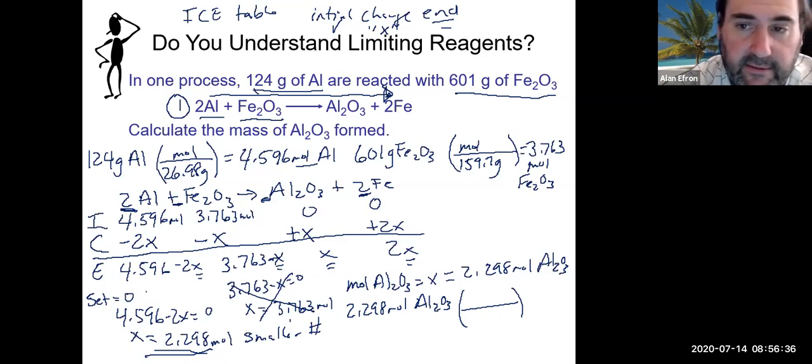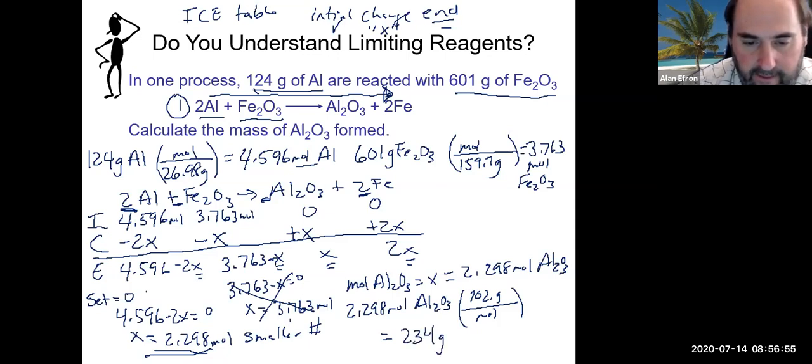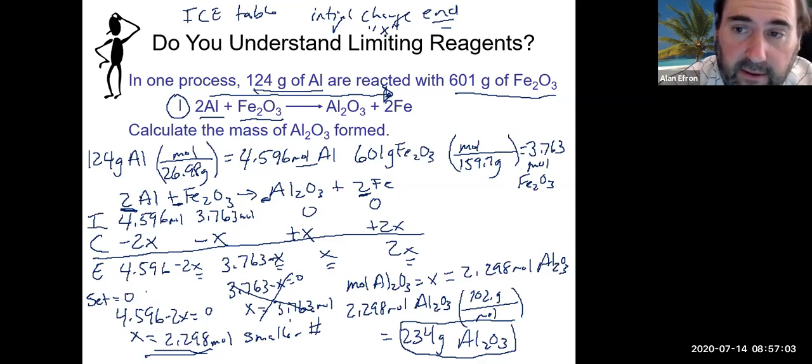It's pretty close to what it should be, I think. So that's 102 grams per mole. And that would get us 234 grams of aluminum oxide. And again, this would be a product, so this would be our theoretical yield here.